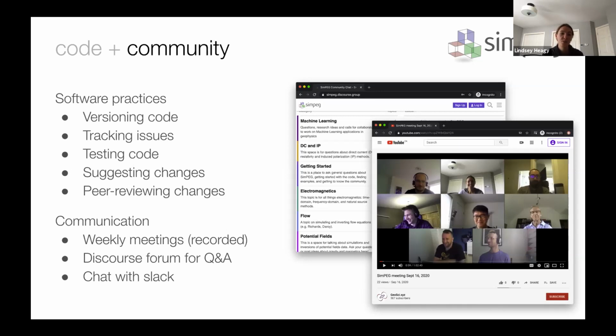So if there are folks who want to follow along or hear about what we're up to, you can access all that through the website. We've got a chat on Slack, which is very real-time communication, easy to send files back and forth and just have a discussion. And then we've also got a Discourse forum where folks can come and post questions, and we can work through and collaborate on ideas there together.